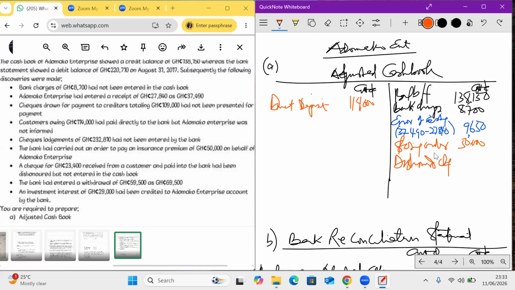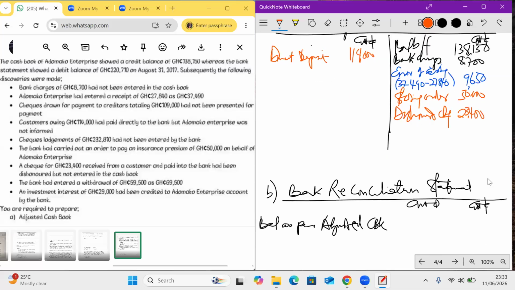So that's 23,400. And then the bank had entered a withdrawal of 59,500 as 69,500.